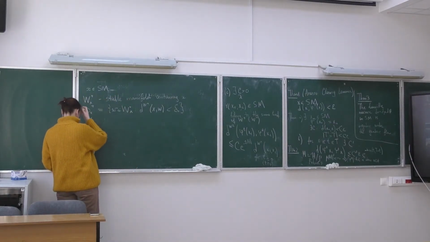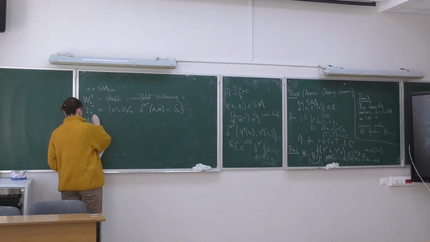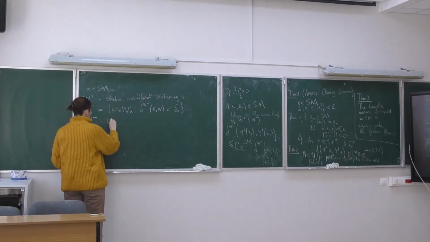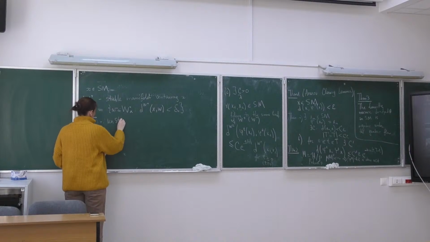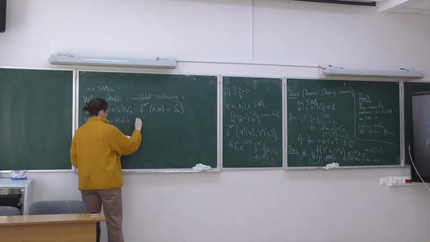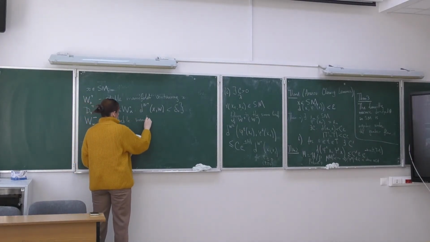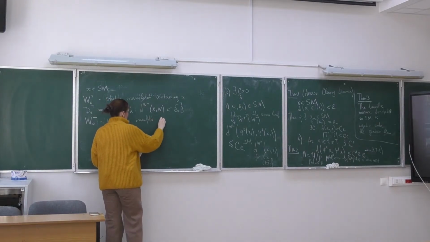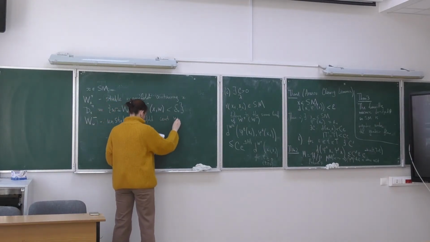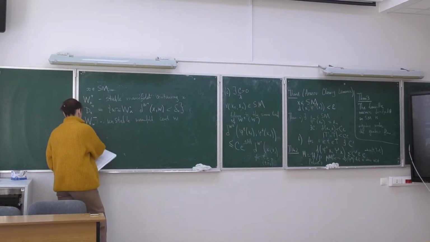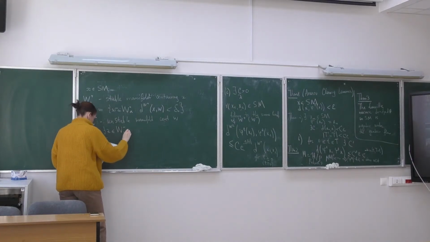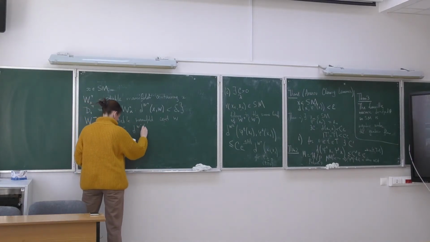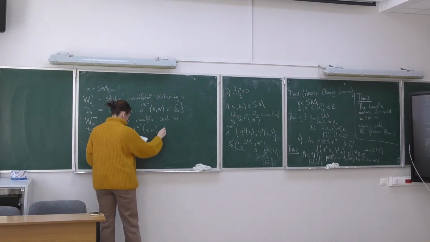Then we consider in a similar way the unstable manifold, now going through some point w, and we consider its neighbors in the same sense.